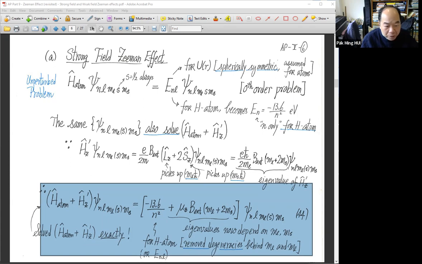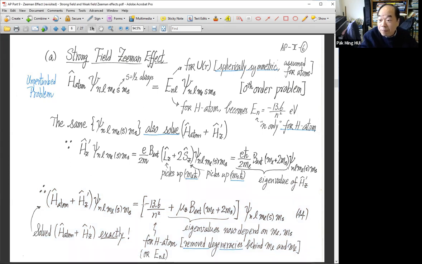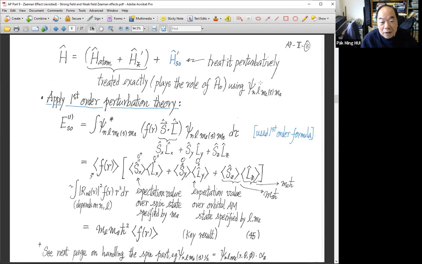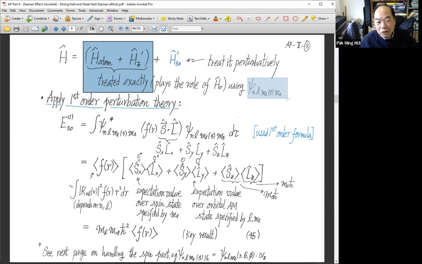Good. So now we should be happy. Okay, no perturbation. We did that. So now we have a smaller term to worry about, the spin-orbit interaction. Well, given that the Zeeman term is the more important one and we already did this thing exactly, we have the basis function to do first order perturbation.